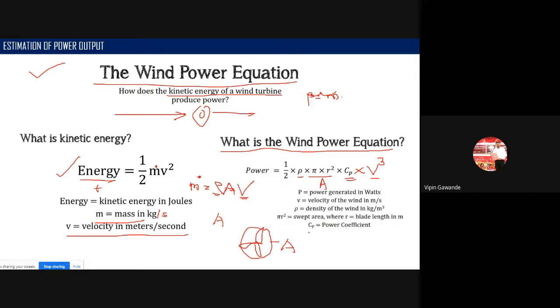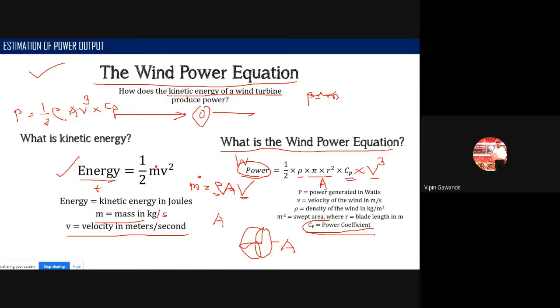Here there is one parameter called Cp. Cp is the power coefficient. This is the power in the wind, the wind power, and it is calculated using this equation. The main equation is power equals half rho A v cube, multiplied by the power coefficient.